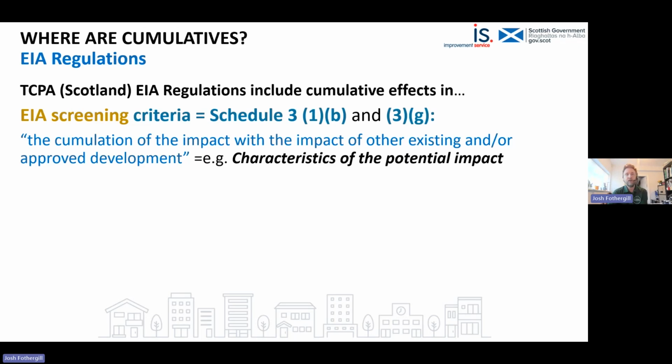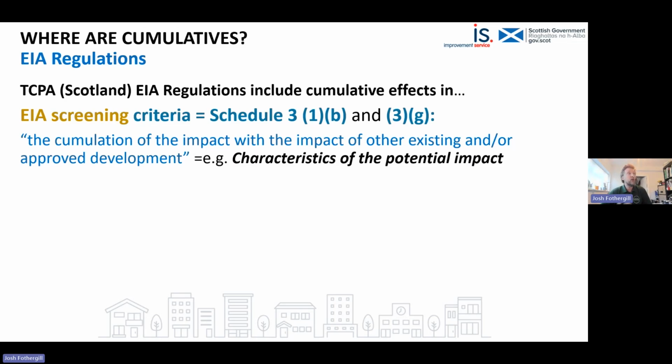They're there within the screening criteria, both in terms of the criteria in relation to the description of the development, that's Schedule 1.3.1b, and some of those descriptions as we describe the developments as part of the application or the request for a screening opinion. The applicant should be setting out some indication of if there are other projects that are particularly around it that could have cumulative effects, and then also in Schedule 3.3g, which is the different types, the characteristics of the potential impacts that could occur.